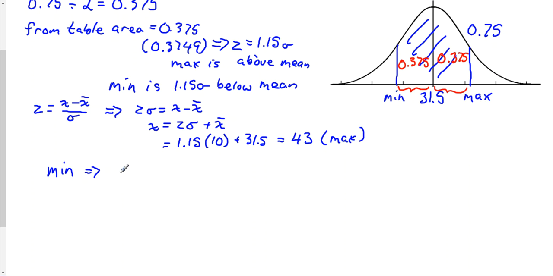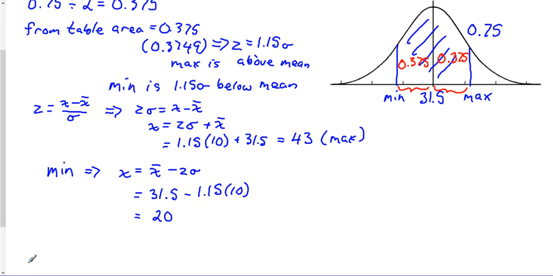So our minimum value, the x value, is going to be our mean value minus z sigma rather than plus z sigma. So our mean is 31.5. We're just going to subtract off 1.15 times 10 because it's the same z-score, same standard deviation. And working that out, we get 20. So that's our min value.